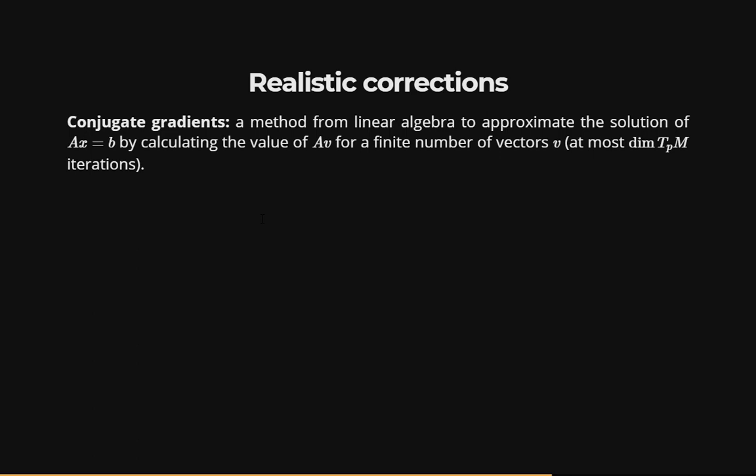You have a black box, a function, and if you give it the vector, you will get back A times the vector, but you don't know A. So there is a method to approximate the solution of Ax = b, which entails the calculation of A times v for some vectors v a finite number of times, actually less than or equal to the dimension of the space you're in.